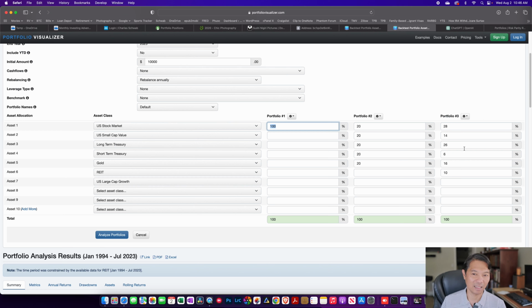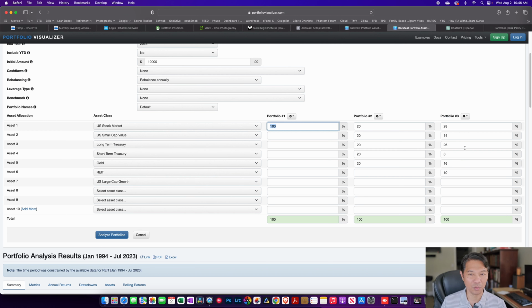And he did a take that is similar to Tyler's golden butterfly, except he calls it the golden ratio. And in his golden ratio, he's got 42% stocks split into all stocks, small cap value, and whatever. So I tried to replicate it as best I can here. It's probably not exact, but it's close enough for our purposes.